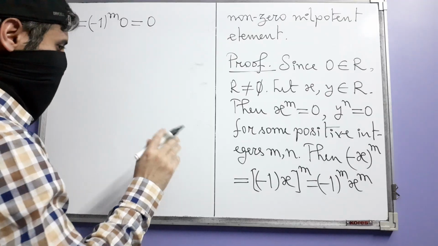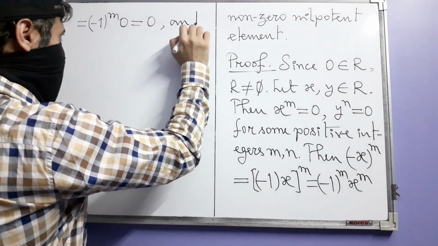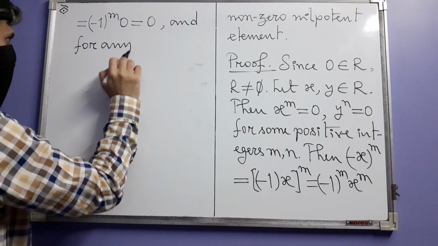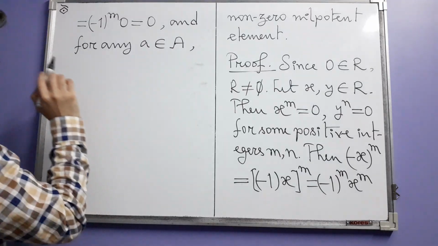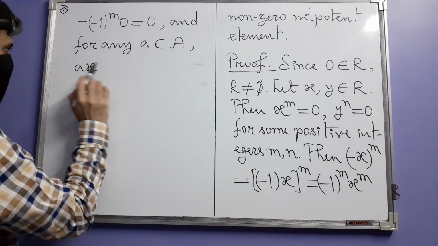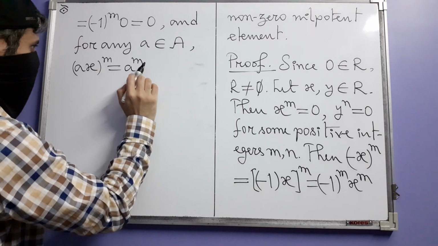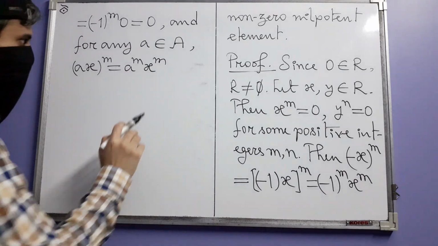And we are simultaneously going to say something else. For any element a in A, we also have this in a similar manner. This step again uses the commutativity of our ring.